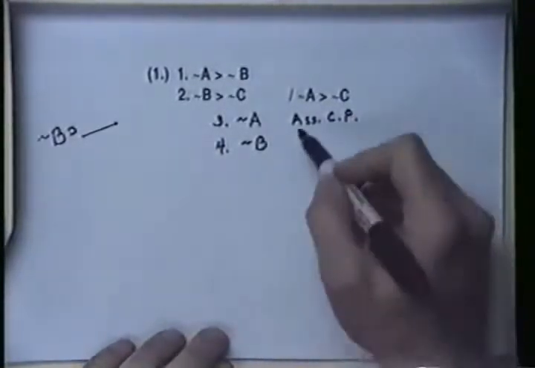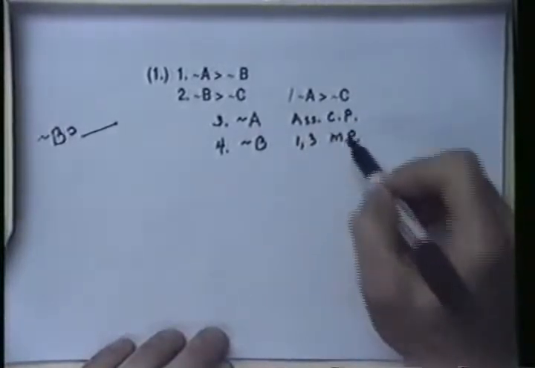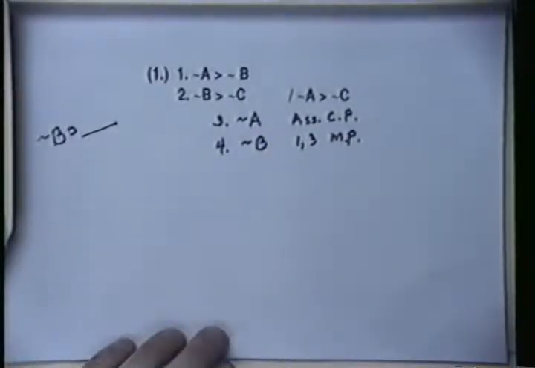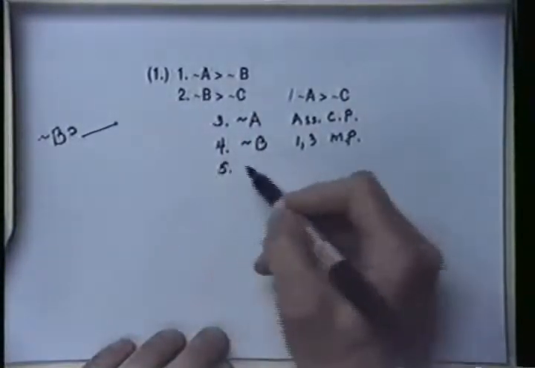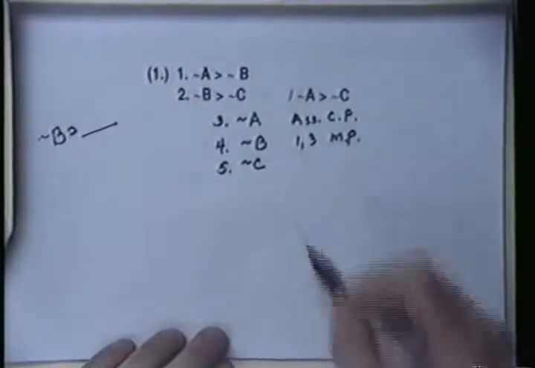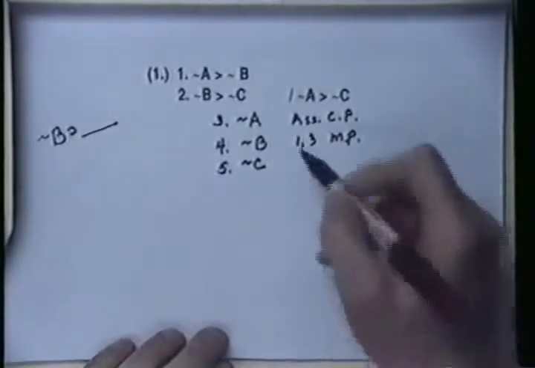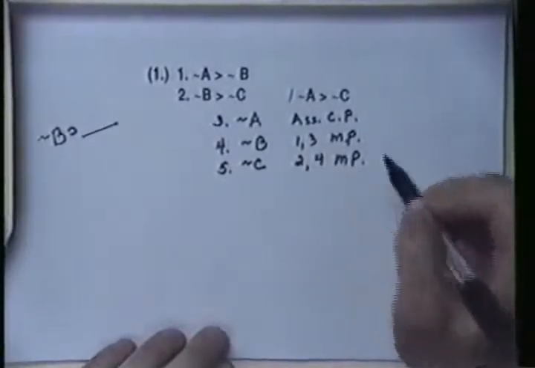And the not B we get from line 1 and line 3 by modus ponens. And now, of course, we have what is the antecedent of line 2, so on line 5 we can invoke modus ponens once more and get our not C. And that, again, is line 2 and line 4 modus ponens.